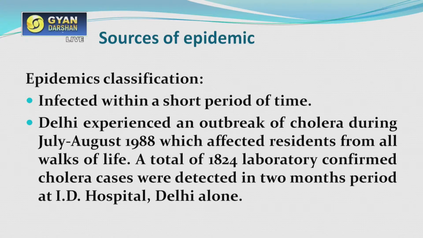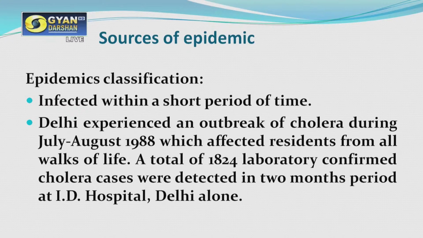Like Delhi experienced an outbreak of cholera during July to August in 1988, which affected residents from all walks of life. Means it did not see any age, even a small child till elderly, all were affected, and a total of 1824 laboratory confirmed cholera cases were detected in a 2 months period in the Delhi hospitals.